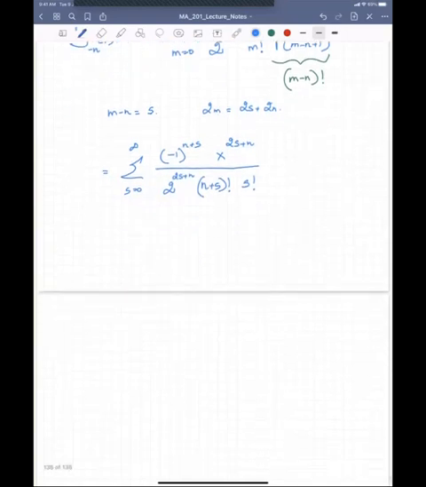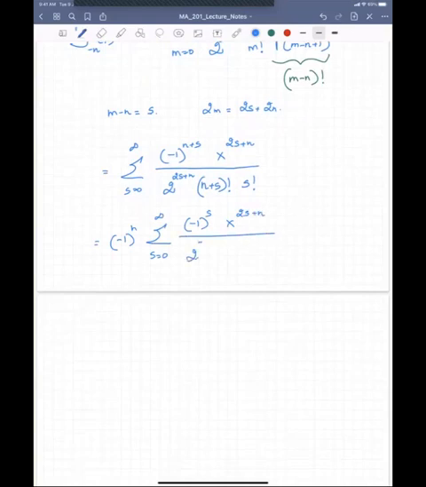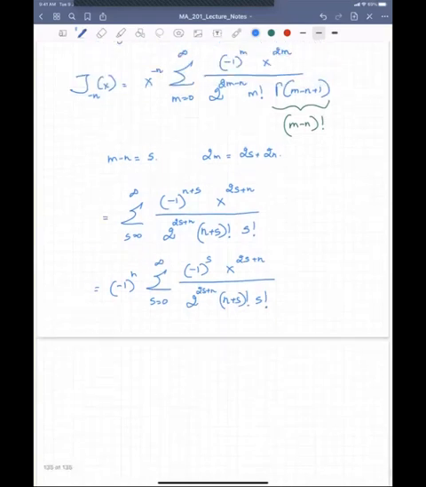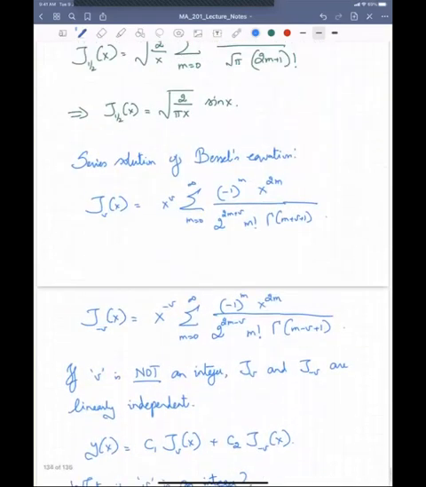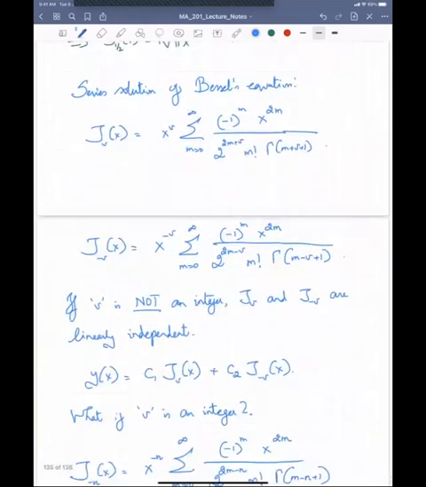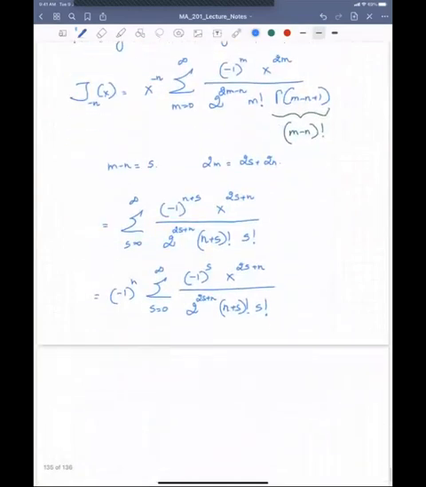And you see that if I pull out a factor of minus 1 to the n, this is basically just J of n. So whatever remains here, if you look at this and substitute nu equal to n, you would get exactly this formula.